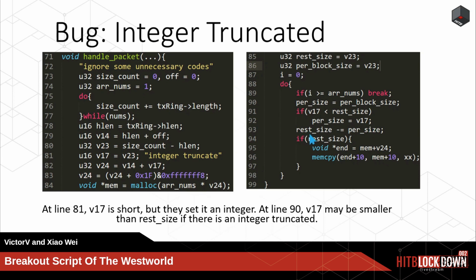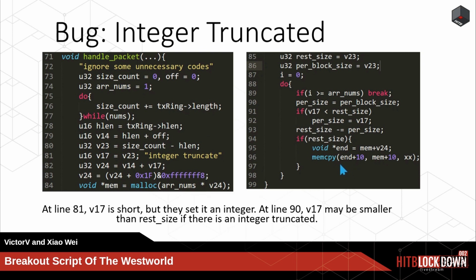So the rest size must be bigger than 0. So memcpy will be called, and it copies the data from mem to its end. And so here is the heap overflow.